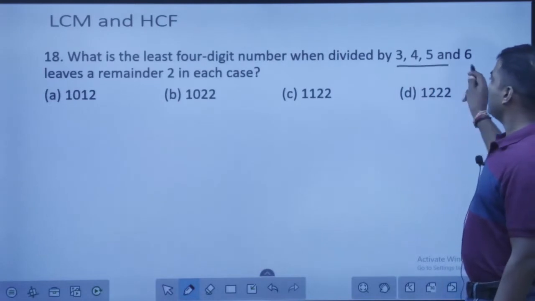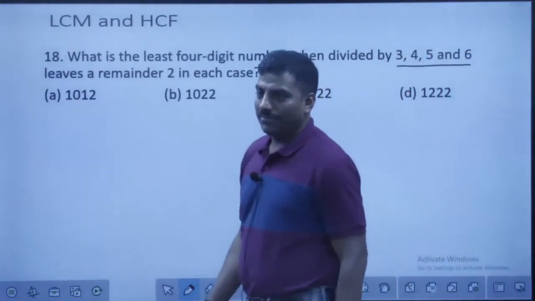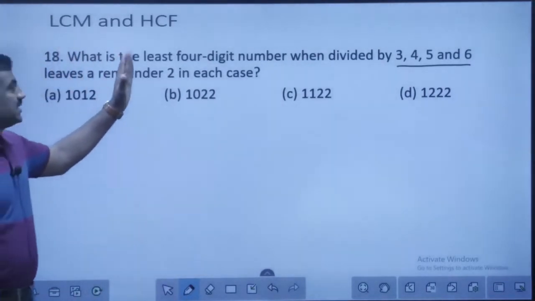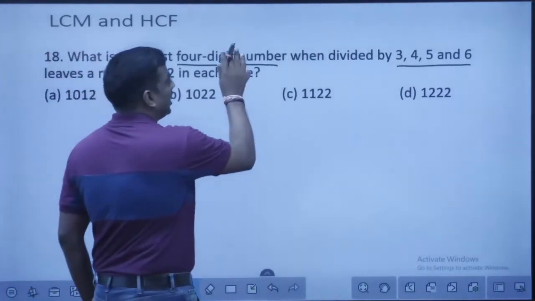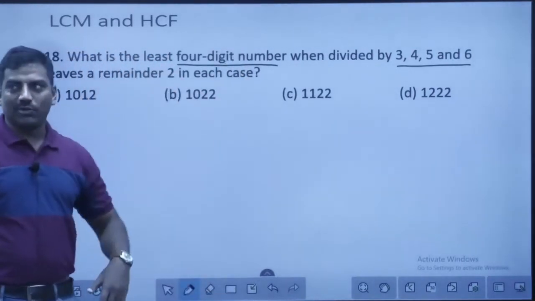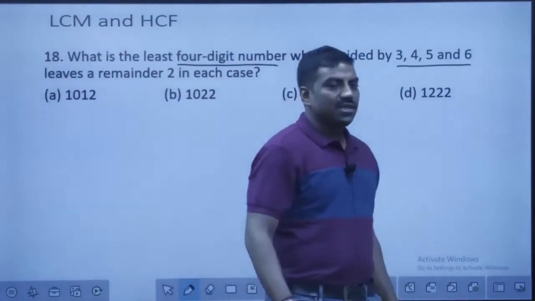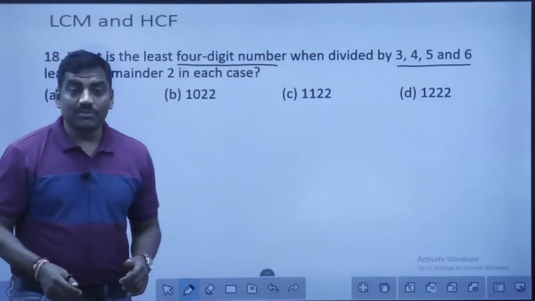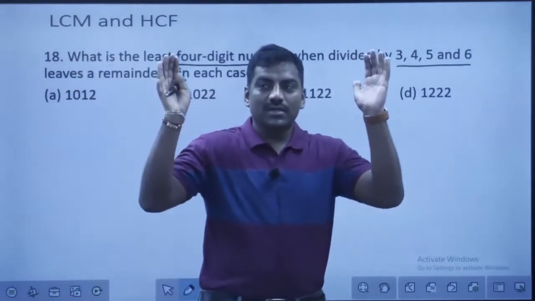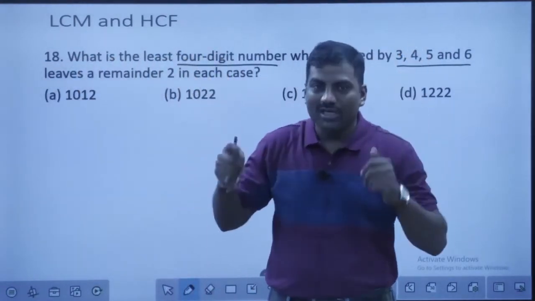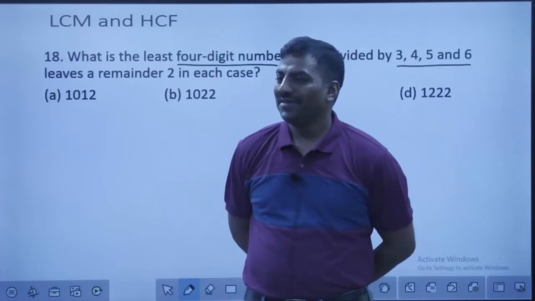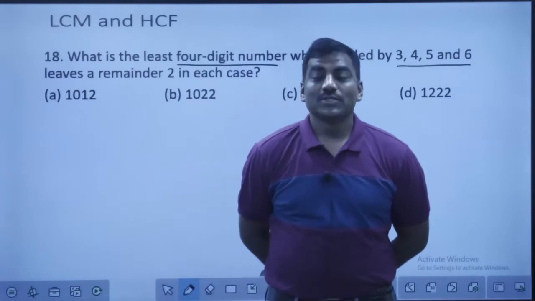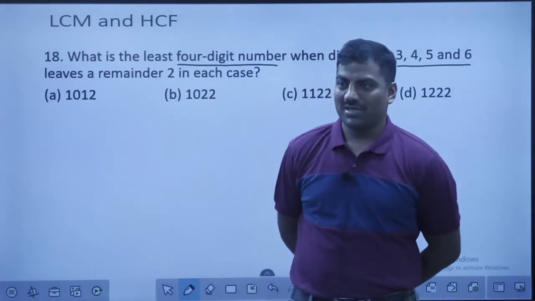This is also related to, you will tell me what this problem is about. What is the least 4-digit number? You forget about this, okay? Least 4-digit number, I'll tell you later. When divided by 3, 4, 5, 6, that means you are dividing a number. So are you expecting a bigger number or a smaller number?